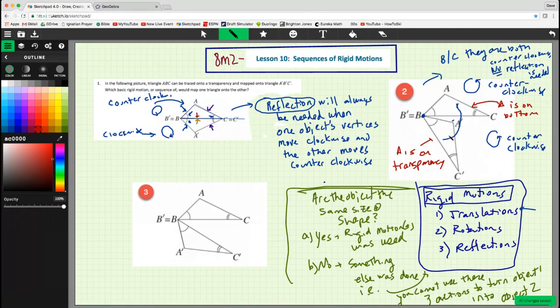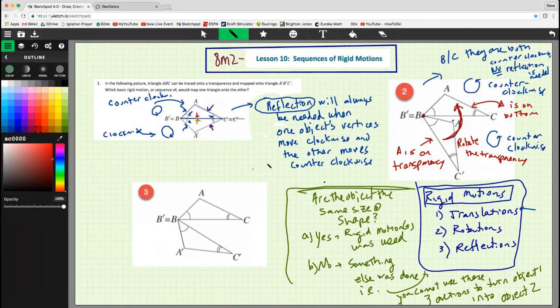Let's put this in a different color. And now what you're going to do is rotate the transparency up like this, and you're going to keep this B point steady, and then you are going to get your answer. Hopefully this triangle will be laying straight on top of this triangle.